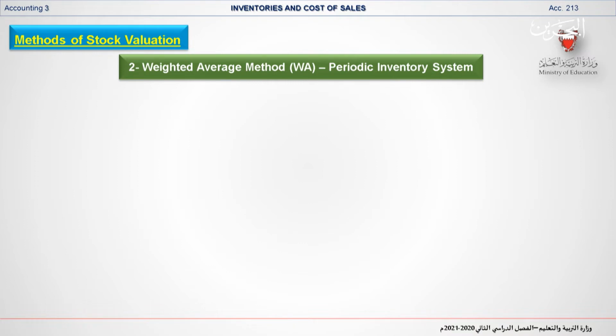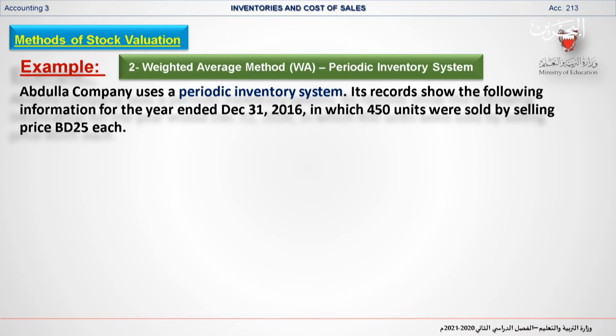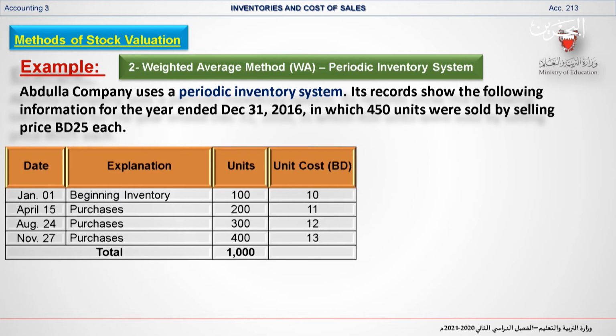Dear student, now I will give you an example of Abdullah Company, which uses a periodic inventory system. Its records show the following information for the year ended December 31st, 2016, in which 450 units were sold at a selling price of 25 BD each.